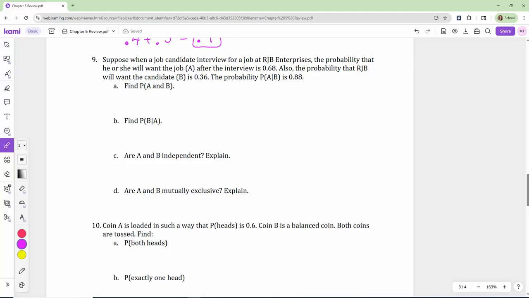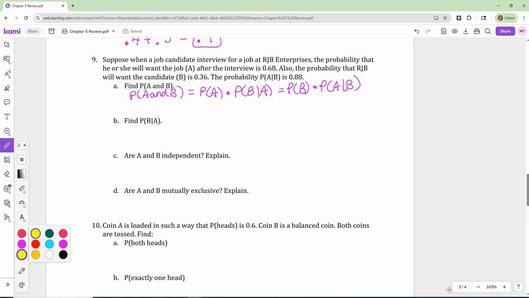Okay, did I tell you it's independent? No. So to do this, "and" means multiply. So it's probability of A times probability of B given A. But do I have B given A? No. I can flip these around. This is also the same as the probability of B times the probability of A given that B already happened. So we use whichever version we have.